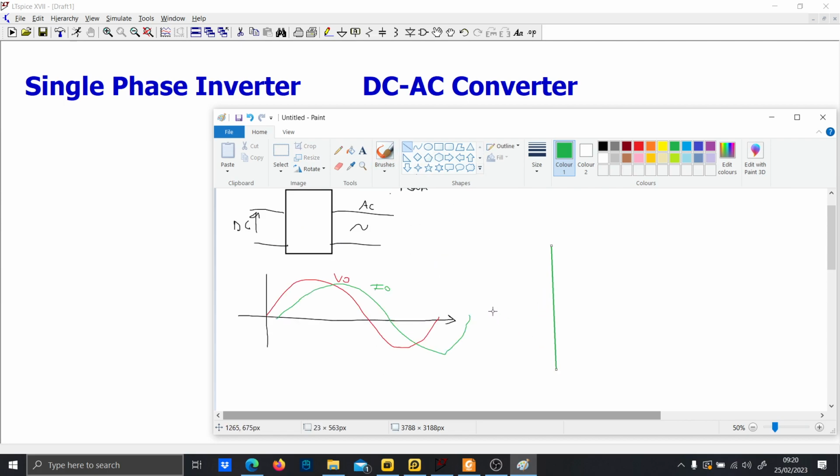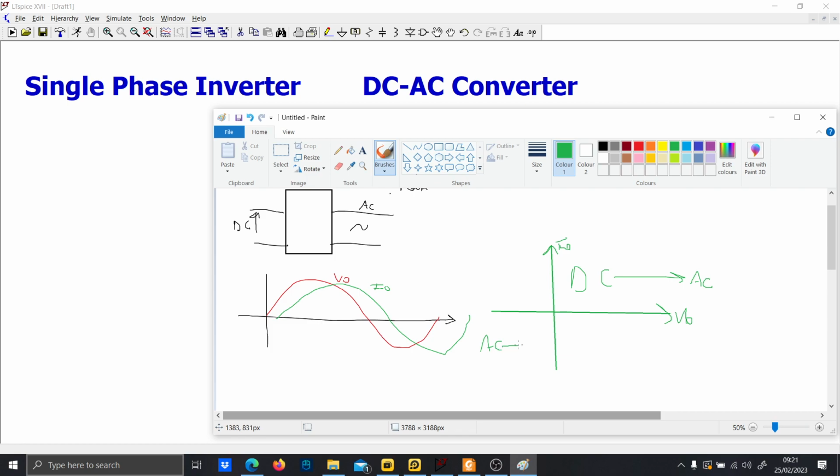So when both the voltage and the current are positive, so this is IO and this is VO, you are in the inverter region, meaning that the power is flowing from the DC to the AC.